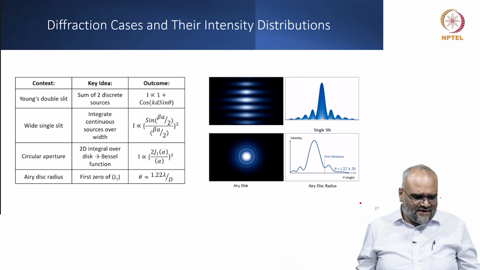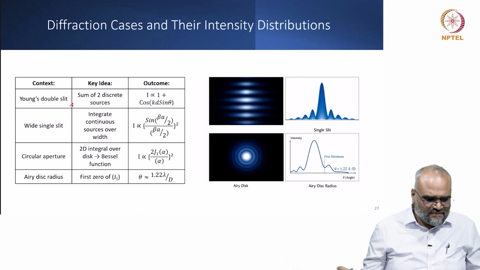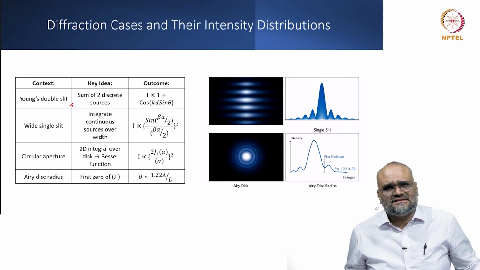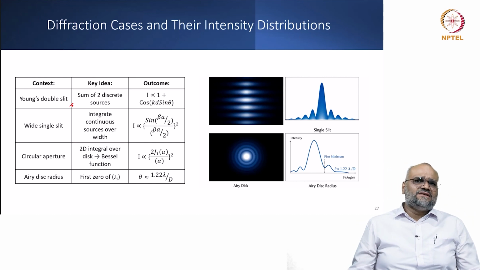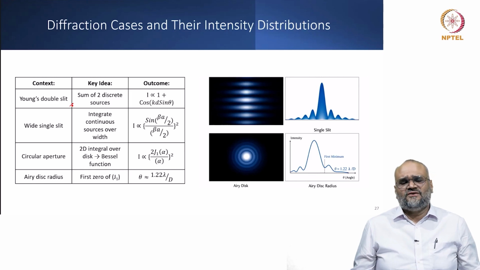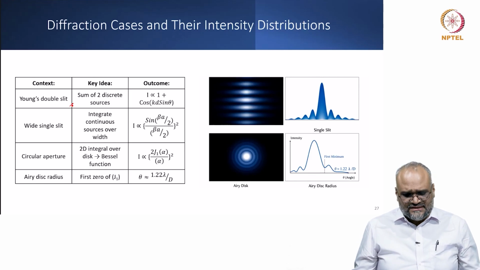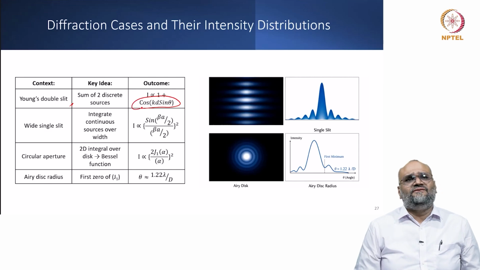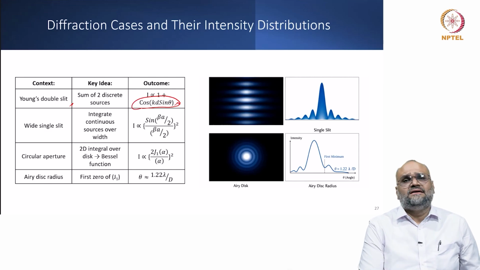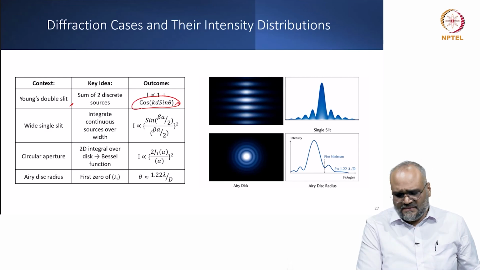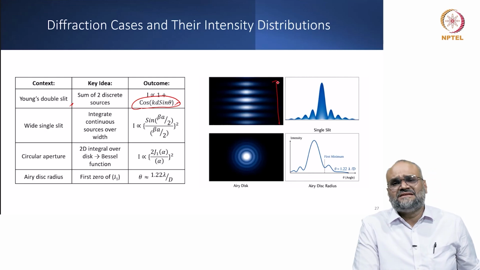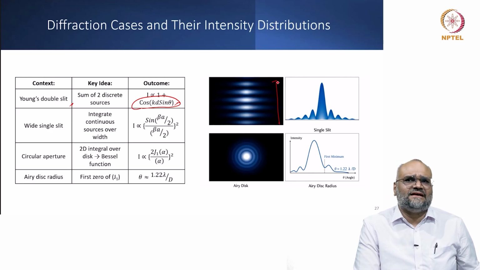So if you look at the various diffraction cases, if you have a Young's double slit, the key idea is you have two discrete sources, and as a consequence of the superposition of waves that is going through these sources, the outcome is proportional to the phase of the light that is actually scattered through, and you can relate it through some relation, and the information you record appears like a fringe pattern like this.